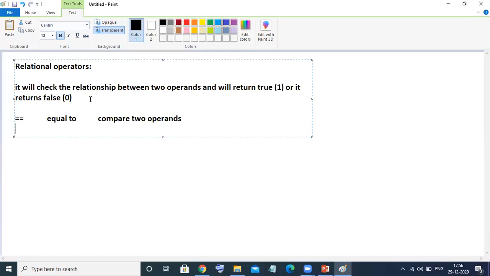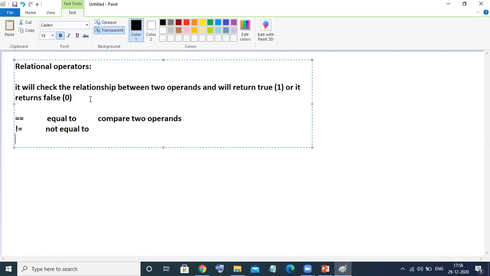Then not equal to. That means if your value is 0, it will be converted into 1. If it is 1, then it will be converted into 0. That means negation. Not equal to means they are not equal.